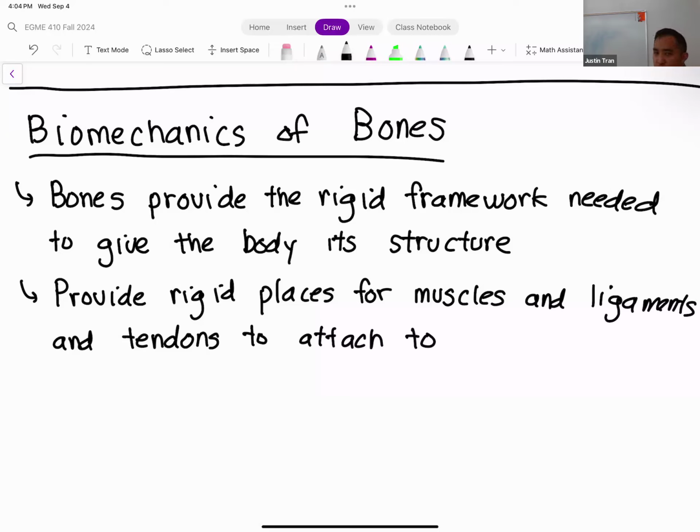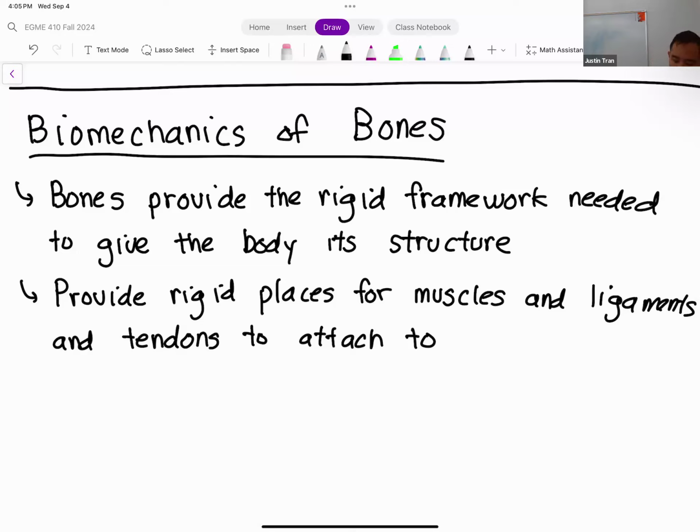We'll see on Monday when we talk about muscles that muscles are a very fascinating tissue in that they're able to generate so much. Just the fact that they're able to generate force on their own is kind of miraculous. But without the bones in place, those forces are not going to be able to do anything, right? We know from Newton's third law that whenever you produce a force, there's always an equal and opposite reaction force. So the muscle needs something to attach to in order to actually produce movement. Otherwise, they're just kind of useless on their own. So that's why bones are important.